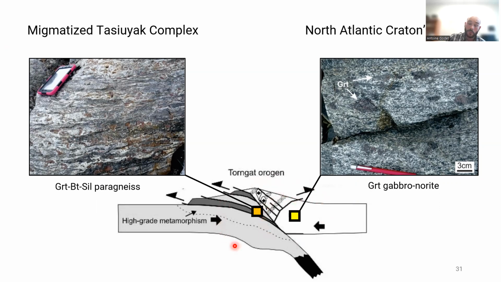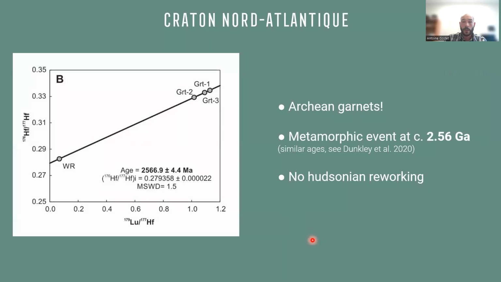So again, the idea was first to try to date the timing of the continental collision, assess the duration of the anatexis, and test whether or not the margin of the North Atlantic Craton was reworked during the Torngat orogeny. And the answer is no. We dated garnet in the North Atlantic Craton, and we obtained Archean ages.